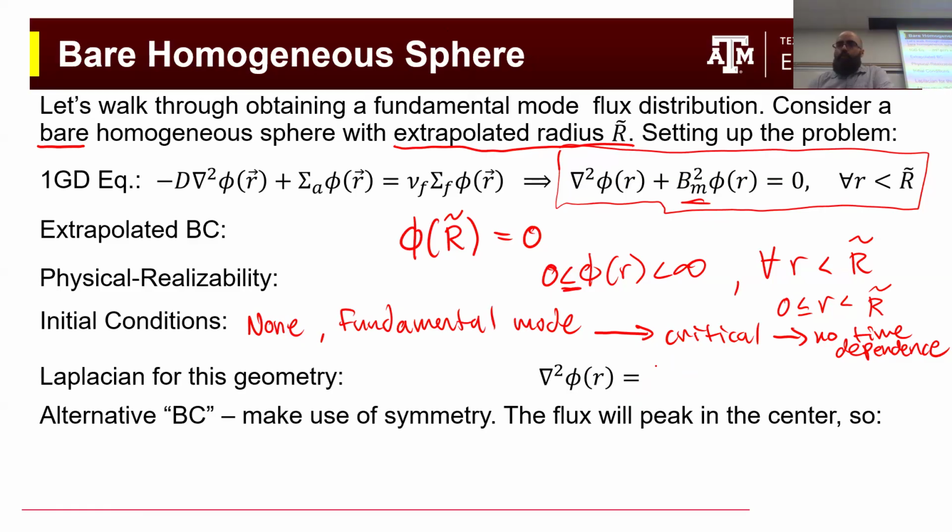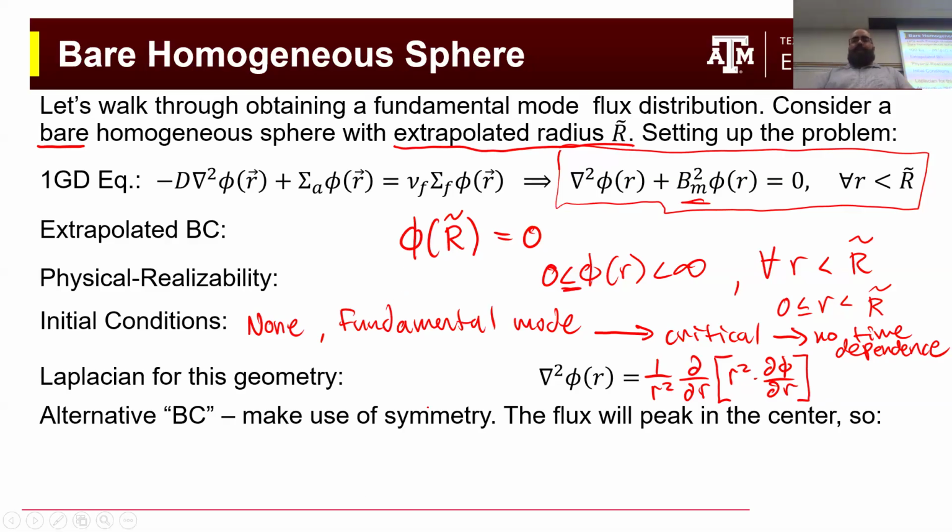It looks like 1 over r squared times d by dr of the quantity r squared times d phi dr. That is what the Laplacian looks like for spheres. So that's what we can plug in for the Laplacian to be able to move forward with the problem.